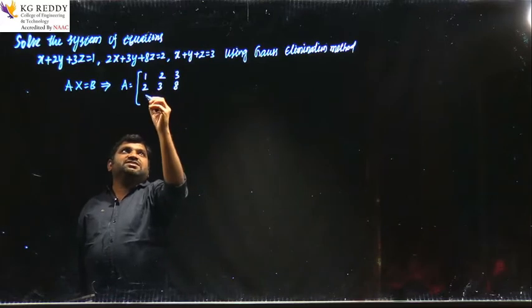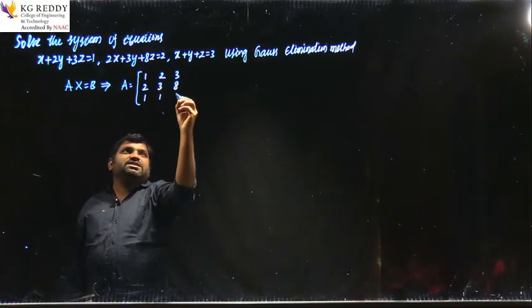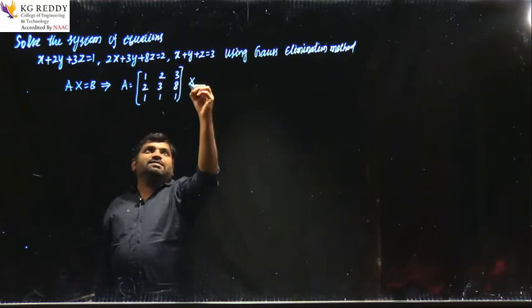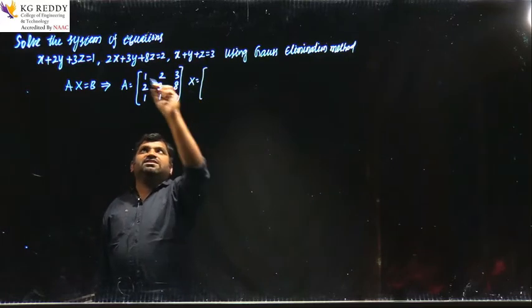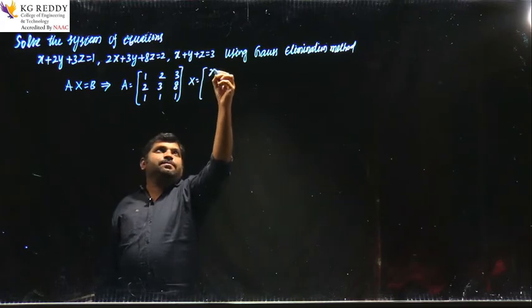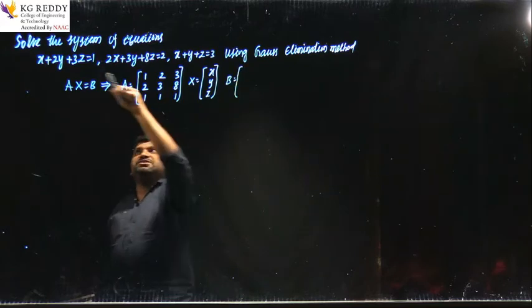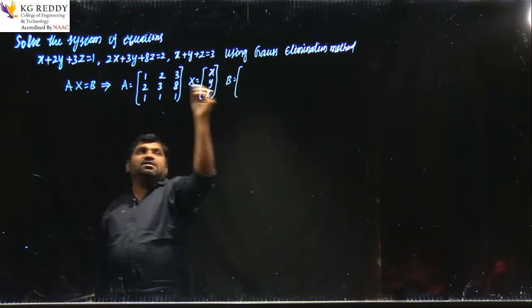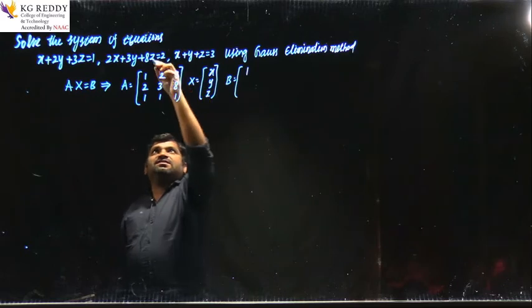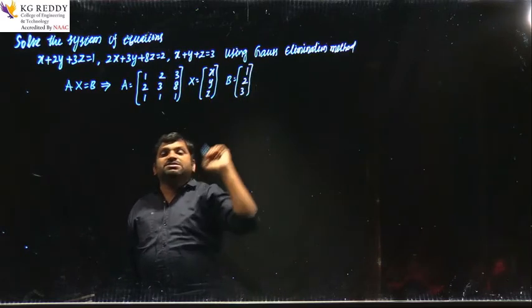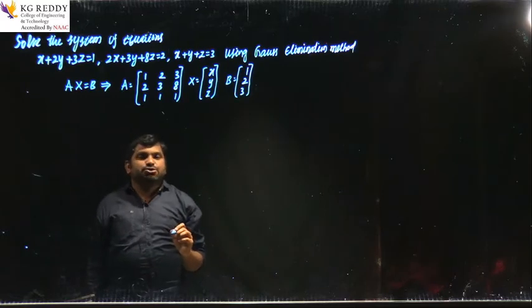Come to equation 3, x is 1, y is 1, z is 1. Now the A matrix is completed. Come to X, here three variables are given, x, y, z. Next B equals, after the equals sign, write down the numbers: from the first equation 1, from the second equation 2, third equation is 3. So this is the form of AX equals B.